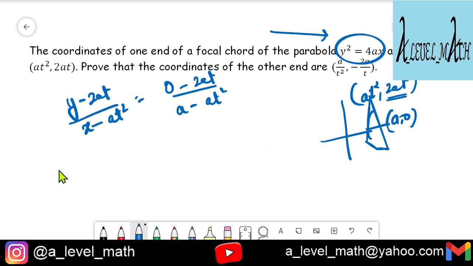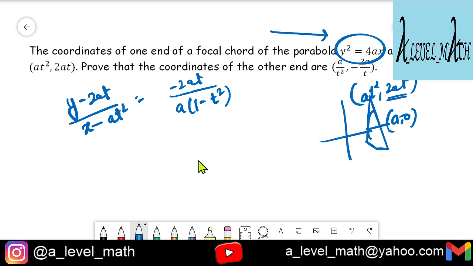So let's simplify. 0 minus 2at can be written as minus 2at, and a minus at^2, I can take a common and write it as a times 1 minus t^2. That's the only simplification we can do.